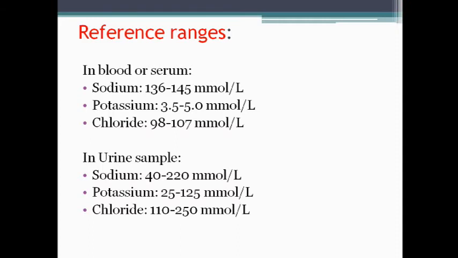But in urine samples the ranges are higher: sodium 40 to 220 millimole per liter, potassium 25 to 125 millimole per liter, chloride 110 to 250 millimole per liter.